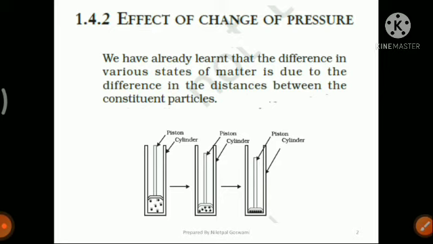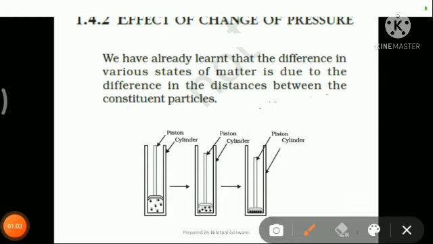We have also learned about latent heat of vaporization, latent heat of fusion, and the processes called sublimation, deposition, and condensation, and how latent heat is used to change a solid to liquid or liquid to gas. We have seen all this in our previous discussion. So today we will be looking at the effect of change of pressure.